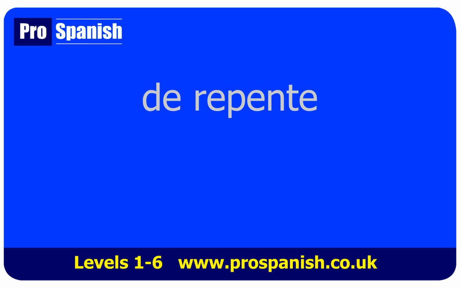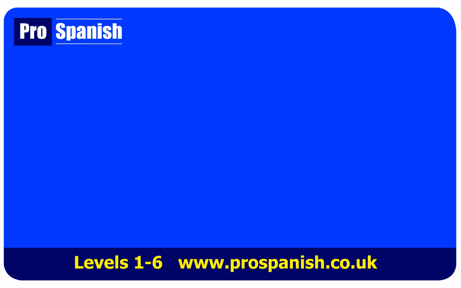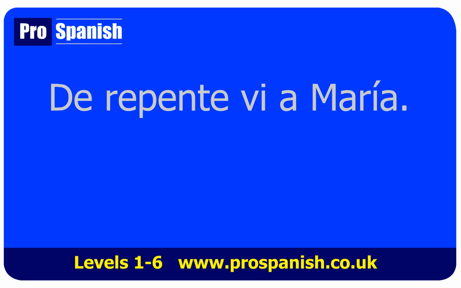So our fourth phrase is de repente, suddenly. So how would we say, I suddenly saw Maria? De repente vi a María. Suddenly I saw Maria, or I suddenly saw Maria.